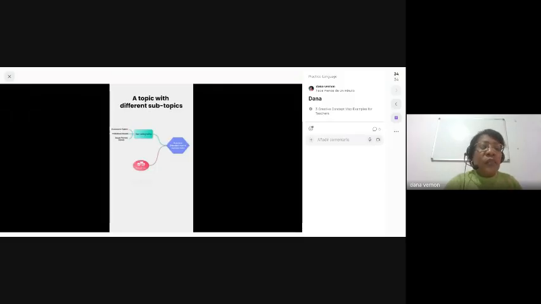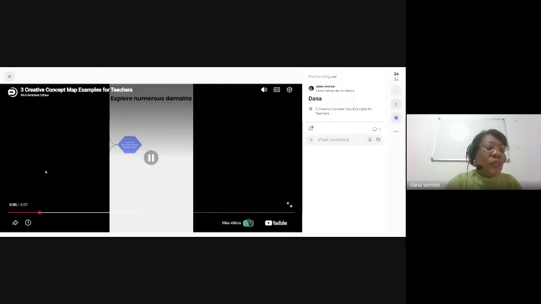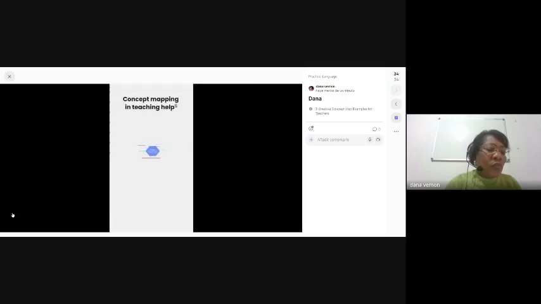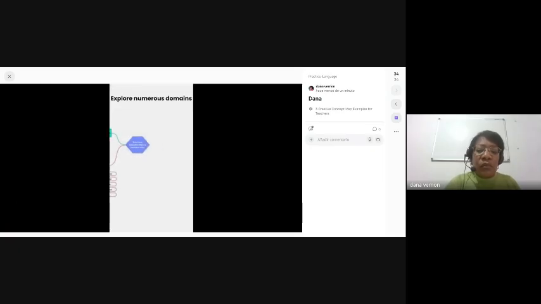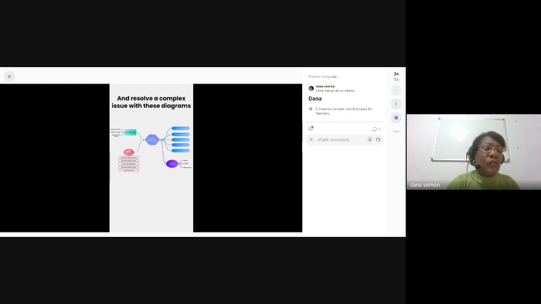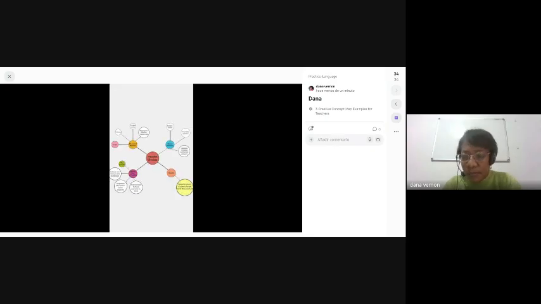Concept mapping in teaching helps students and teachers to connect a topic with different subtopics, explore numerous domains, and resolve a complex issue with these diagrams. 3 concept map examples for teachers. 1. Spider concept map. Spider concept maps are a graphical tool that can be used by teachers to facilitate meaningful learning and critical thinking. 2.